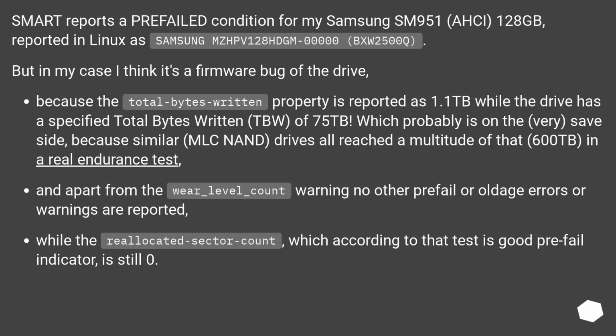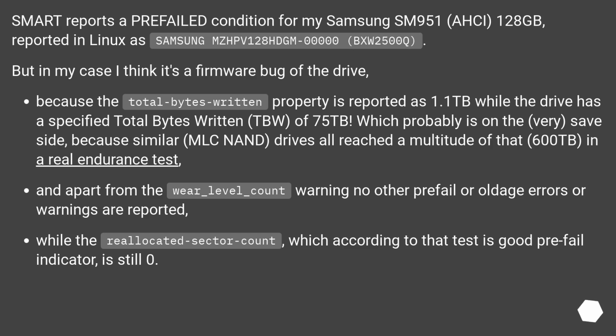SMART reports a pre-failed condition for my Samsung SM951, 128 GB, reported in Linux as Samsung MZHPV128HDGM-00000, VXW2500Q. But in my case I think it's a firmware bug of the drive. Because the total bytes written property is reported as 1.1 TB, while the drive has a specified total bytes written, TBW, of 75 TB.